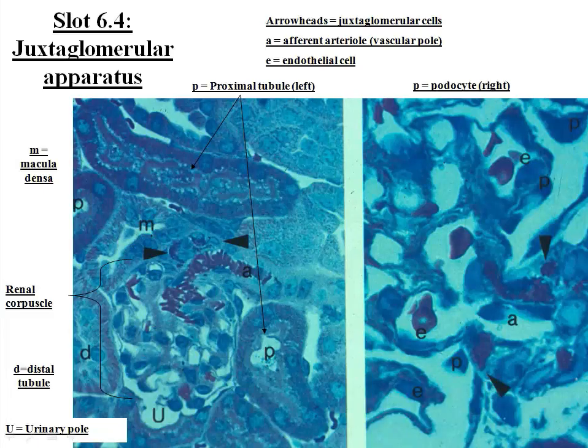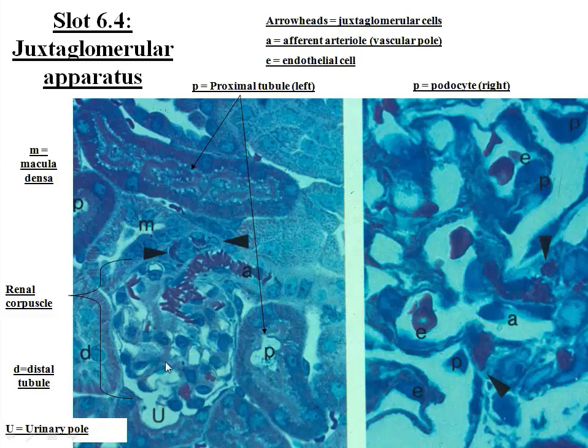Now in the next few slides we will see how the JG complex looks in a stained slide. Here we'll try to see the components. These are the proximal convoluted tubules. Then the macula densa: these increased tubular structure cells indicate the macula densa, because the rest are cuboidal and these are columnar.